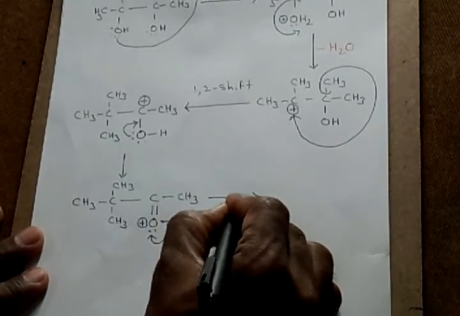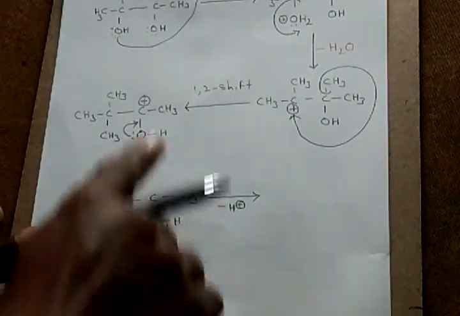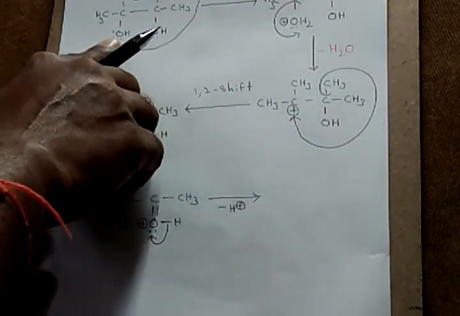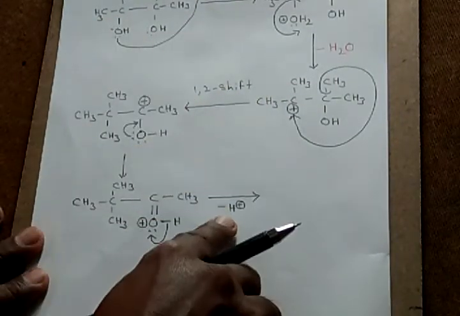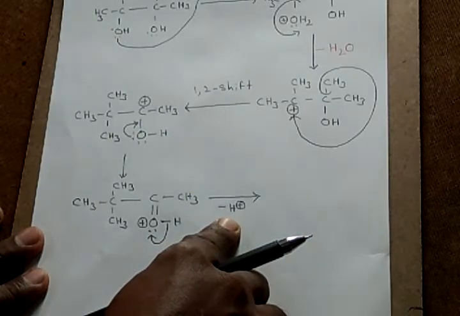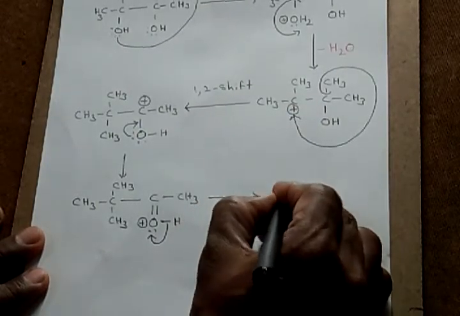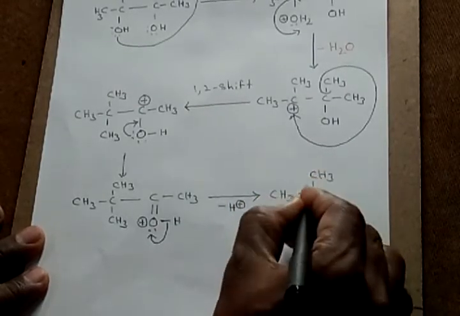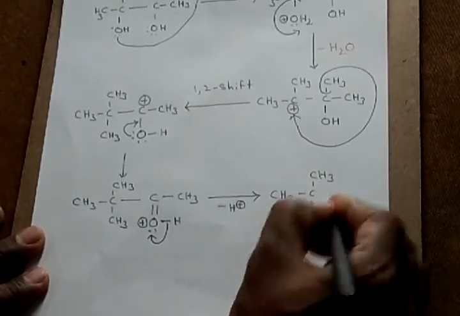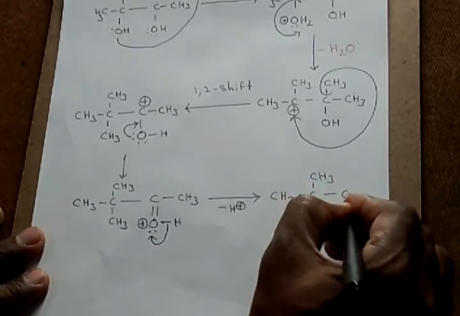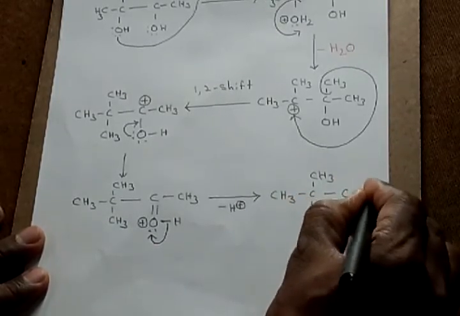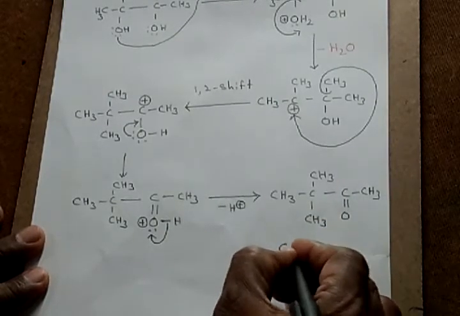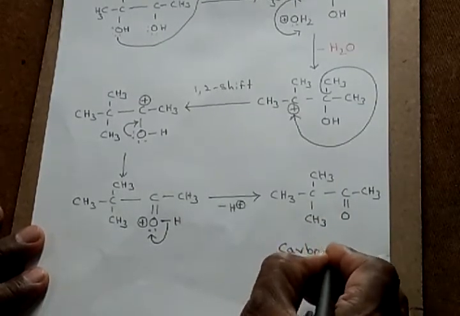Please observe that the H+ ion that is added to the system in the first step is leaving the system in the last step, forming the carbonyl compound CH3, CH3, C double bond O, CH3, which is our carbonyl compound, a ketone.